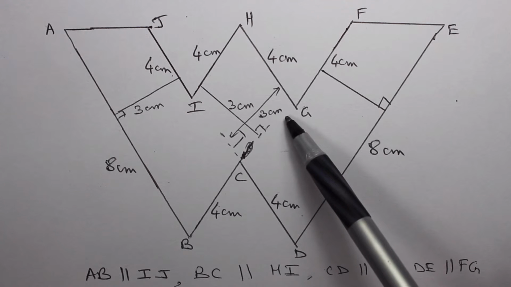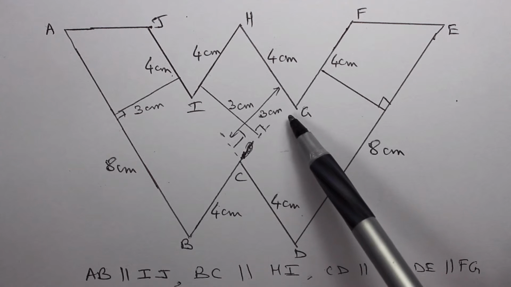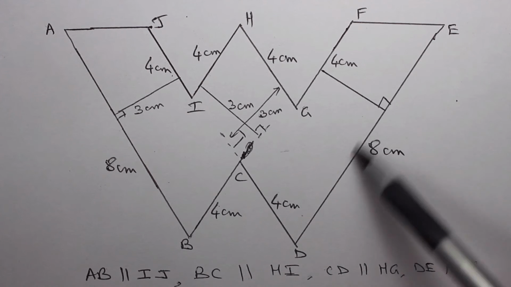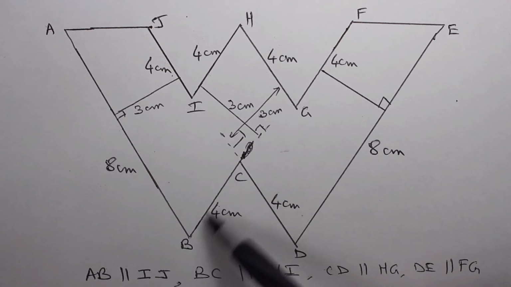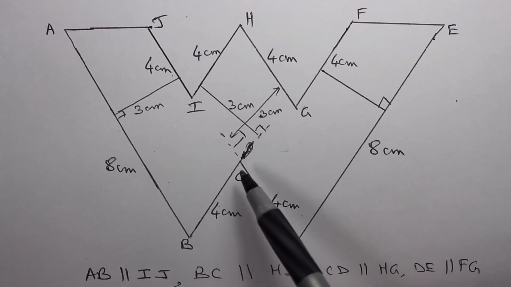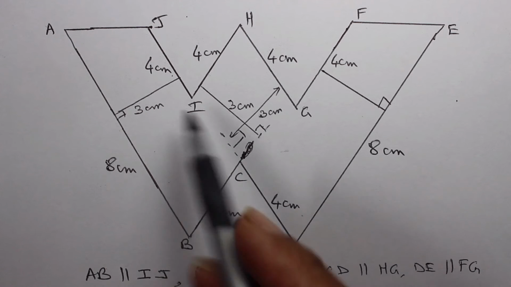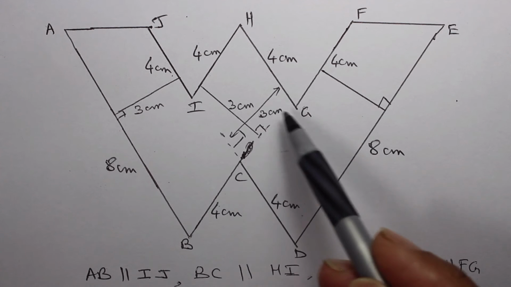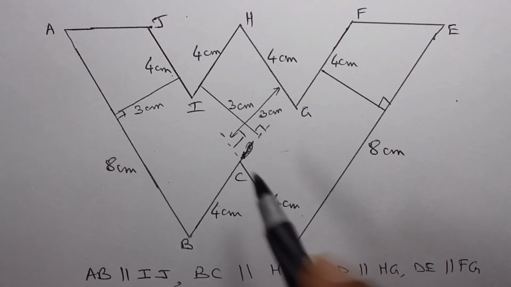And what we need to find out from this is the area of this figure. What is also given is that this length is 8 centimeter, this length is 8 centimeter, and these shorter lengths are 4 centimeters. And also it is given that the distance between the parallel lines is 3 centimeters.